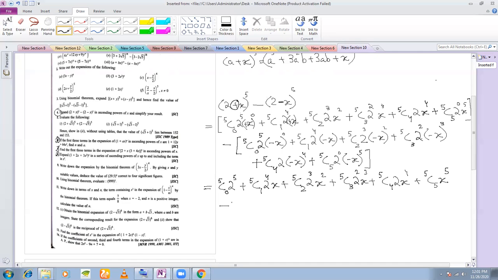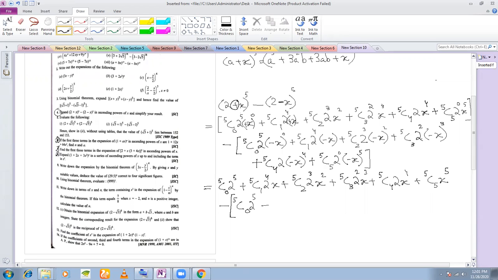Next, minus. Now you're opening the brackets at 5c0, or instead you can first simplify whatever is within, then open the brackets. 5c0 you write as it is, and you write 2 to the power of 5, and minus x to the power of 0 is 1, so that is okay. This term does not contain any x.